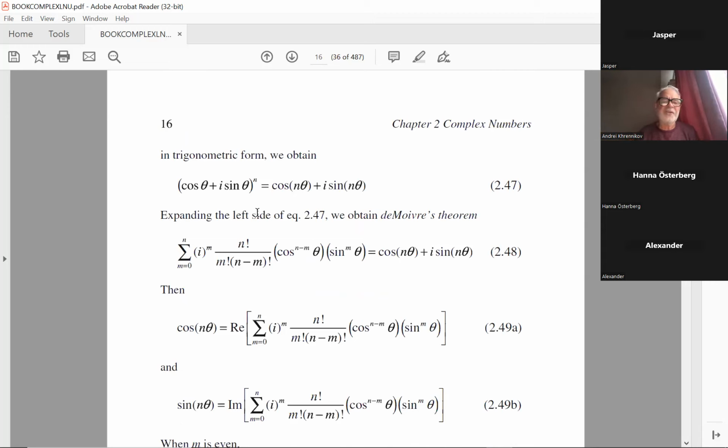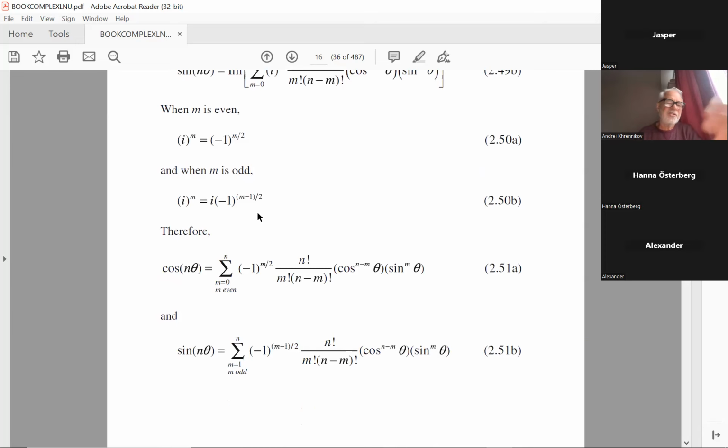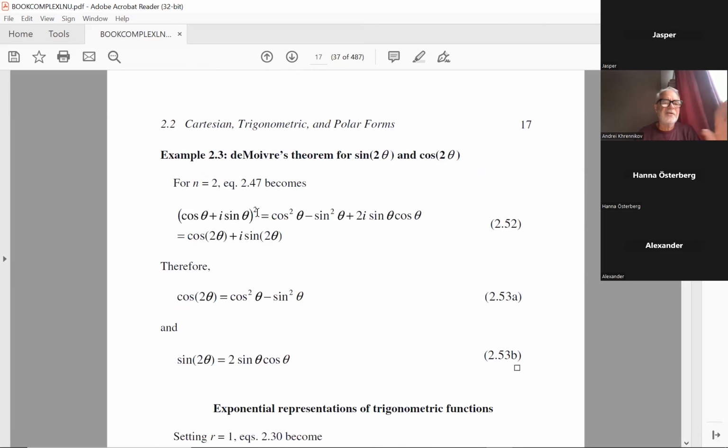Maybe we will come back to this theorem, maybe not. So we do something in the complex plane, then take the real part from both sides, or the imaginary parts, and we get some equality in real numbers. You can go through it in very great detail.